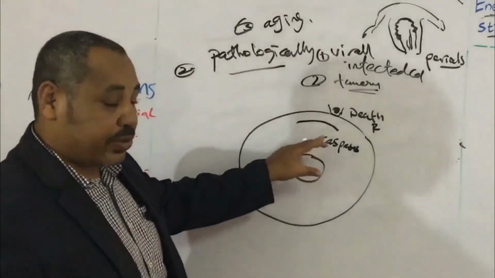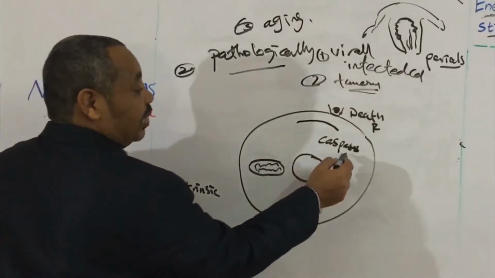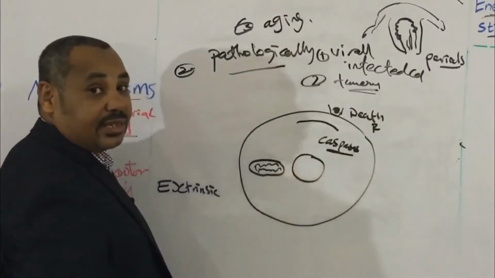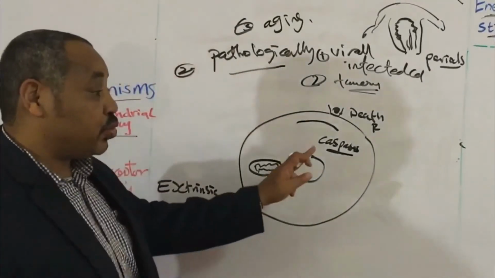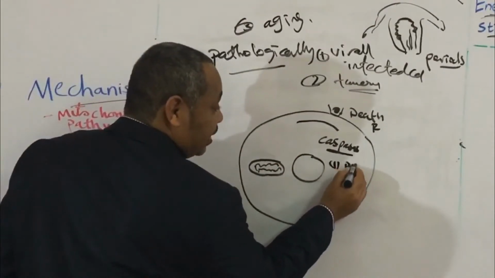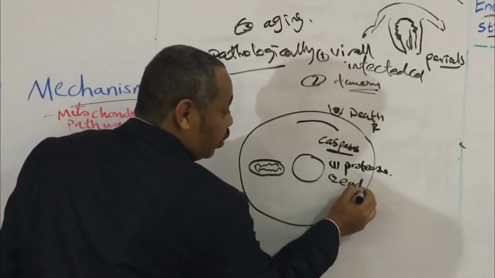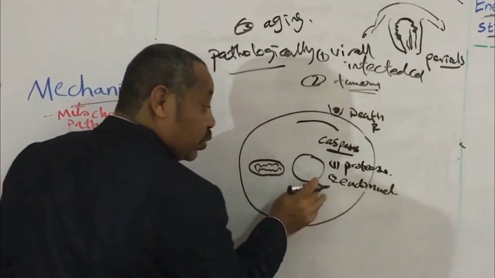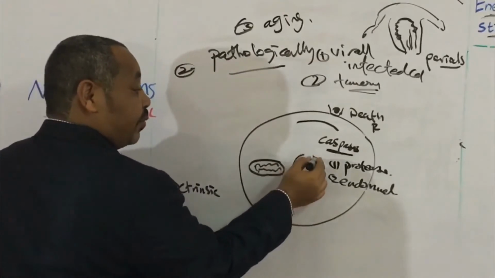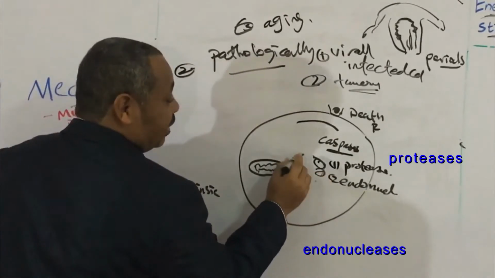This is a long process, and I will go over it quickly. These caspases will activate a lot of proteins inside the cell. But actually the 2 most important proteins here, number 1, are proteases. Number 2, endonucleases. Endonucleases will digest the nucleus like this.